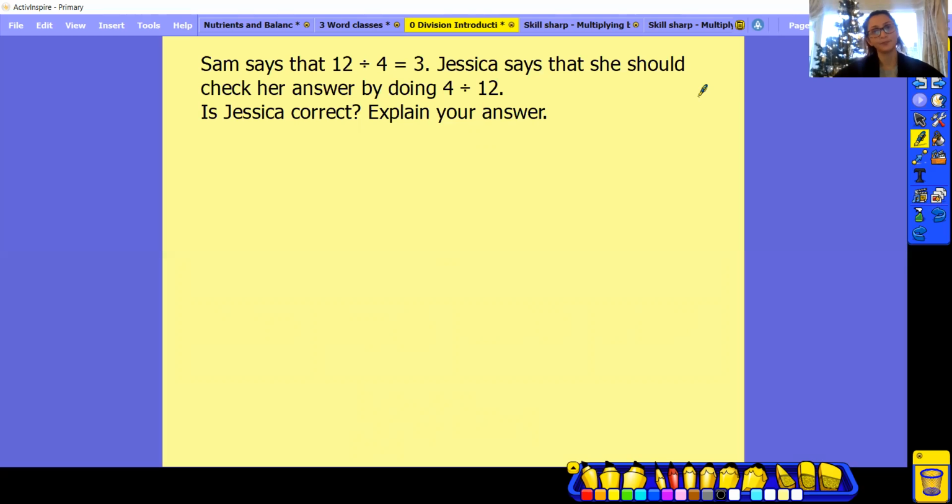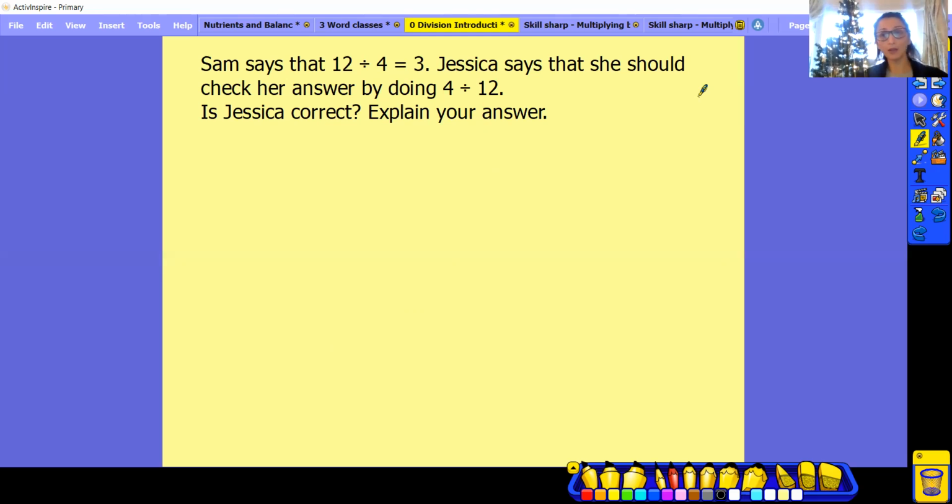Okay, so Sam says 12 divided by 4 equals 3. Jessica says that she should check her answers by doing 4 divided by 12. Is Jessica correct? Now, unfortunately, Jessica is incorrect, okay? She's incorrect for several reasons.